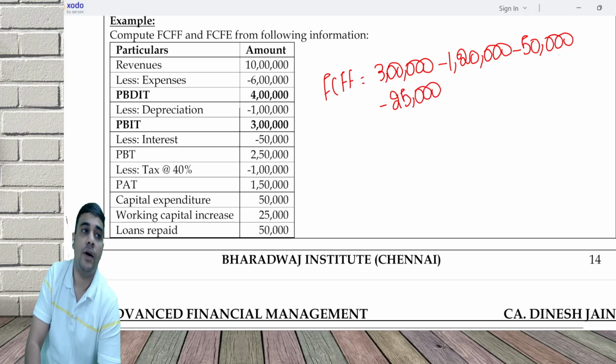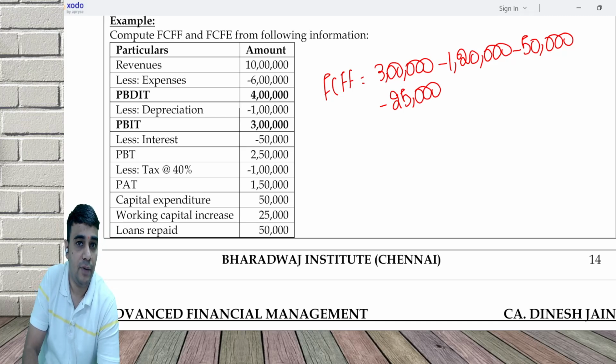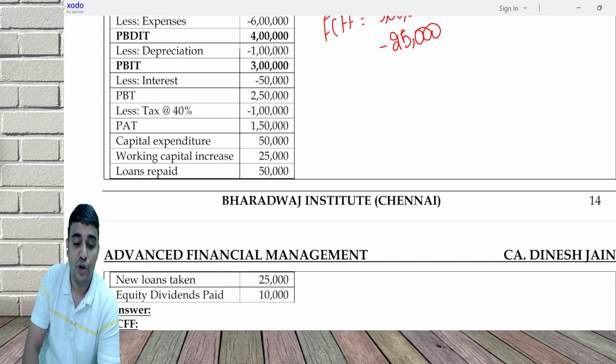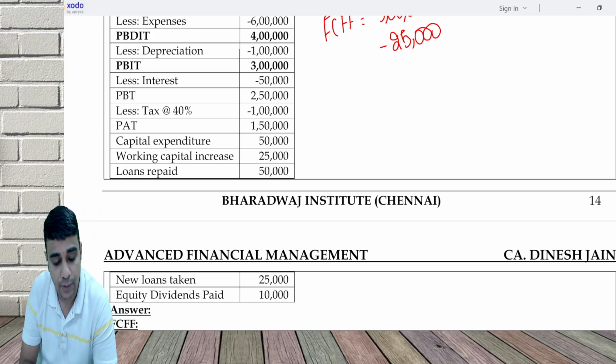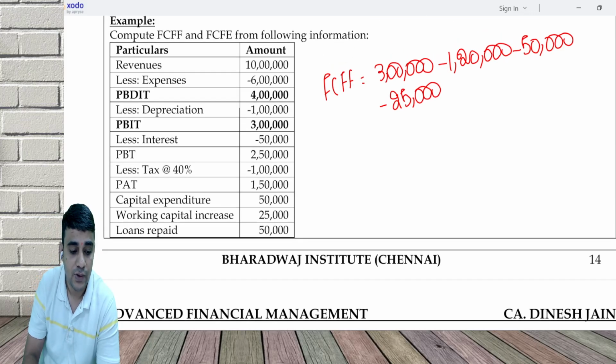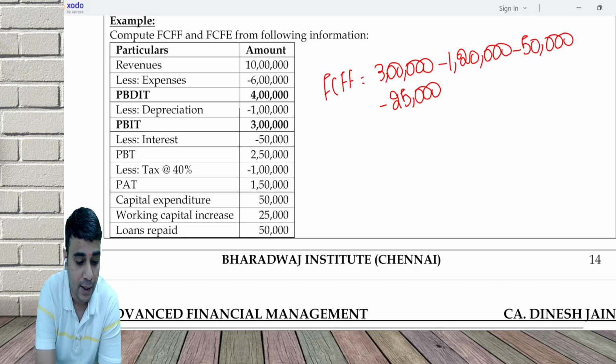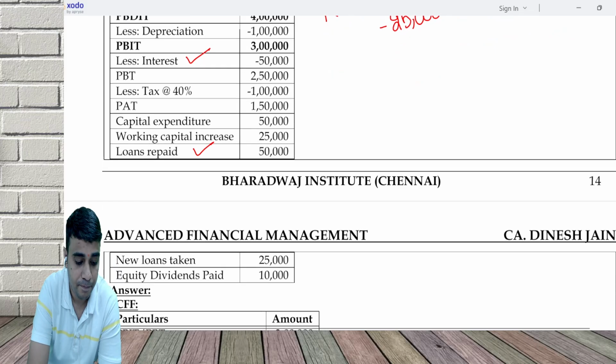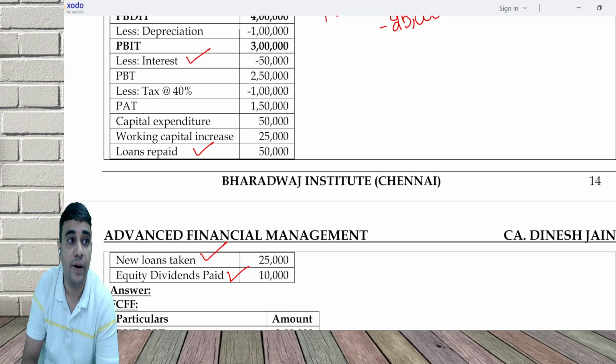Loan repaid will not come in the calculation. New loans taken will not come in the calculation. Equity dividends paid will not come in the calculation. So in FCFF, what I'm ignoring is interest, loan repaid, new loans taken, and dividends paid. All these are ignored in the FCFF calculation.